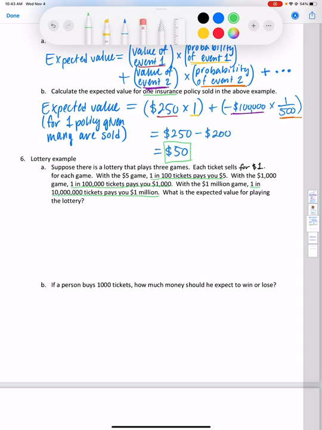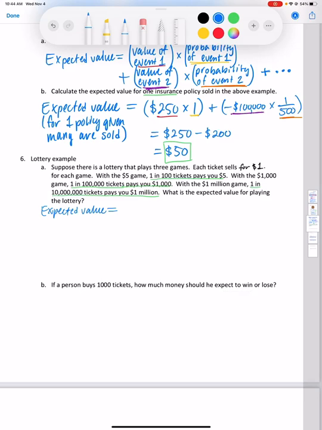So we're going to play all the games. We just buy random tickets from each game. They're all $1. And we're going to calculate the expected value. What we're doing is calculating the expected value to win on this game if I play it a bunch of times.